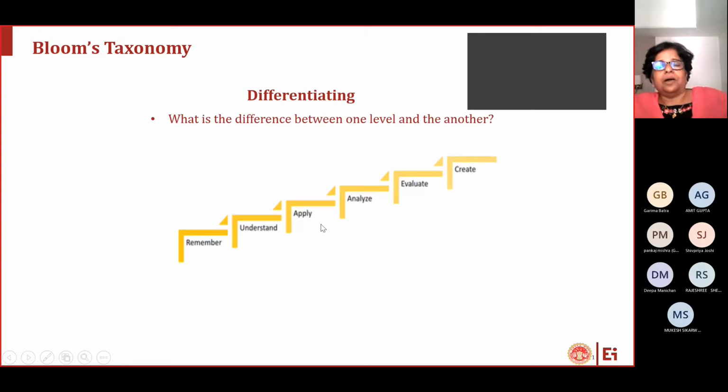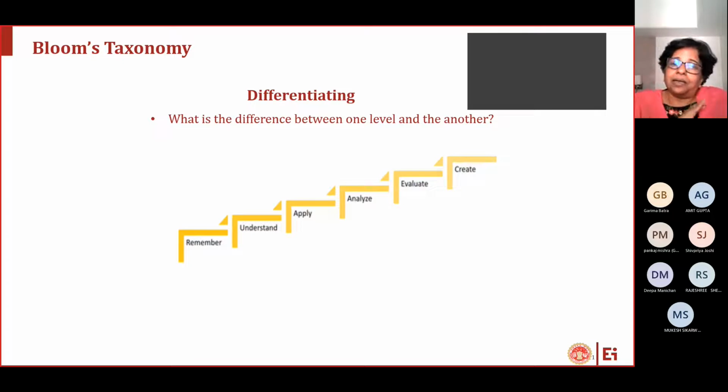Okay. So now I'm hoping that we understood what Bloom's taxonomy is and why it is important, and we also know there are 6 cognitive skills in Bloom's taxonomy, starting from remember to understand, apply, analyze, evaluate, and create.